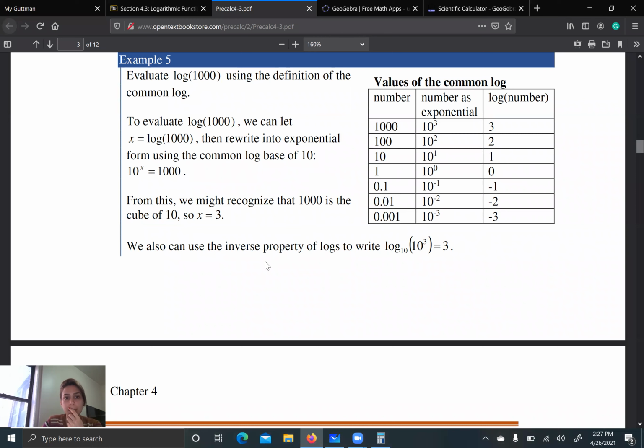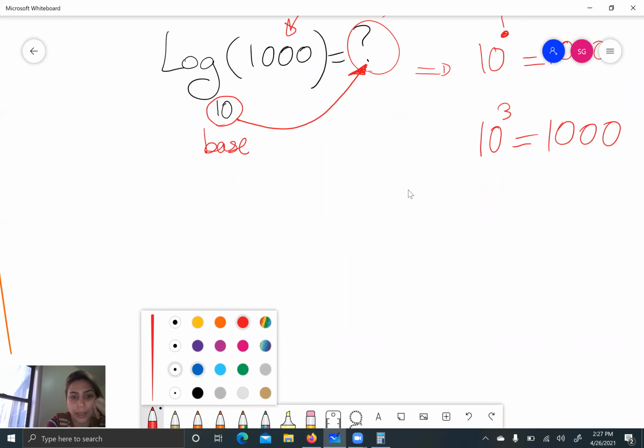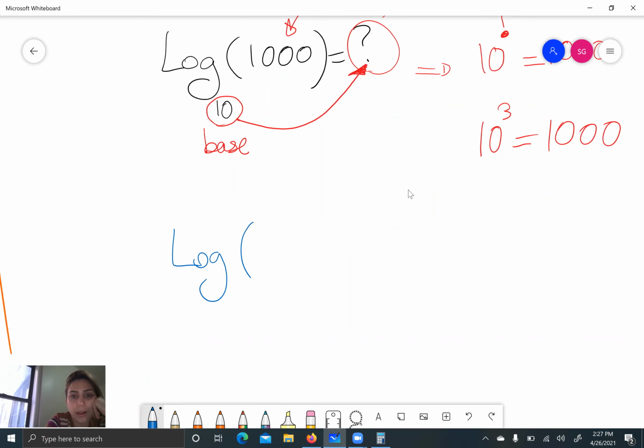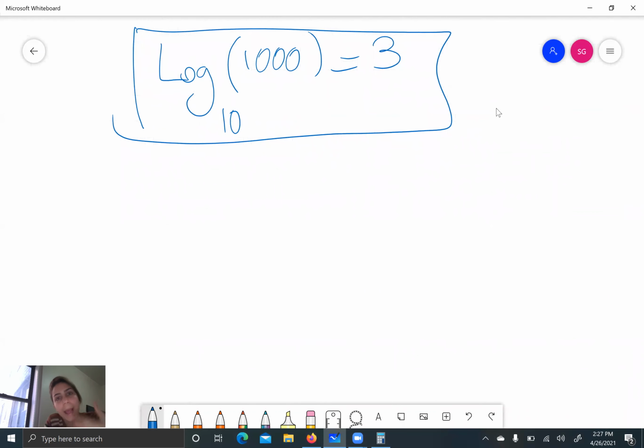From this, you can see that there is one of the properties of the logarithmic function. Let me rewrite this expression one more time. We have log of 1,000 to the base 10, which is 3. This is what we observe. Let's see if we can find a pattern here. What is 1,000? 1,000 is in fact 10 cubed, to the base 10.